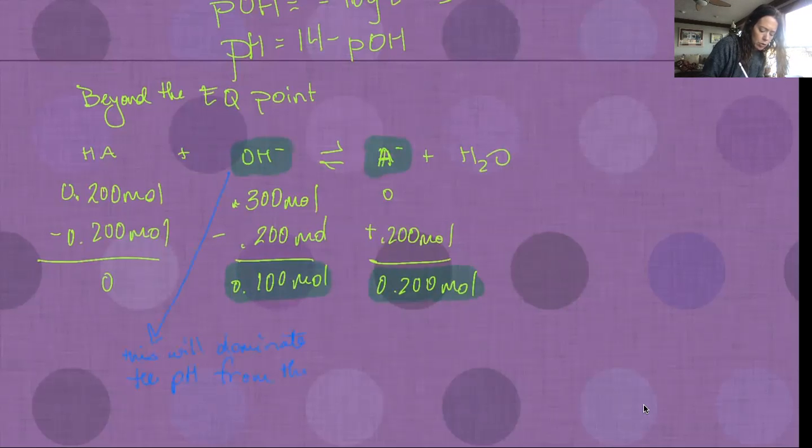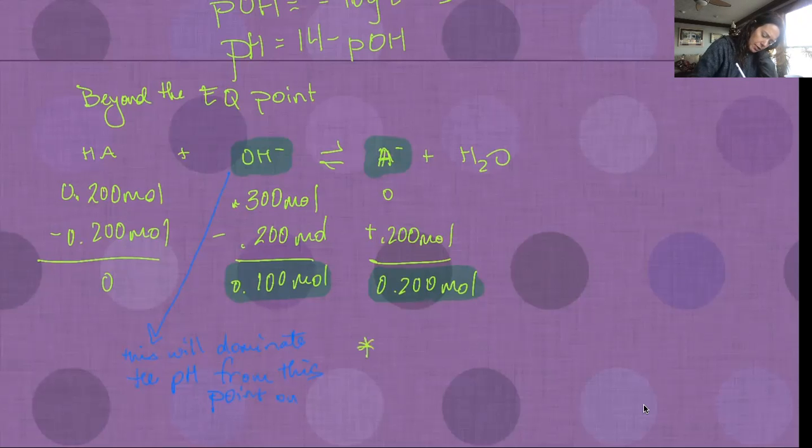We do not need to consider the conjugate base and its properties of causing things to be basic. It will be negligible compared to what the hydroxide does. I know that blue is hard to read, but it says this will dominate the pH from this point on.